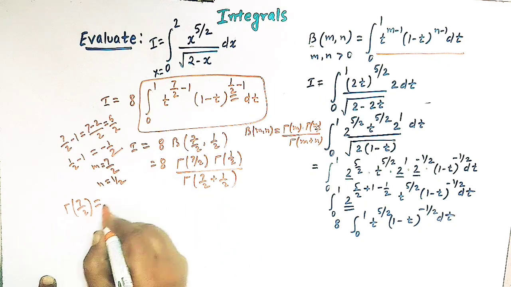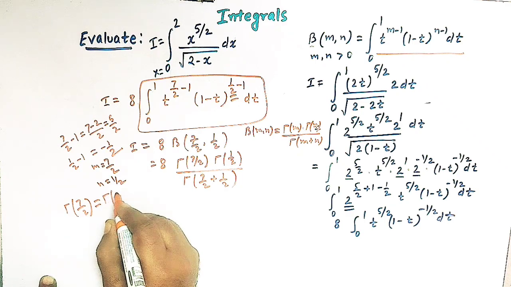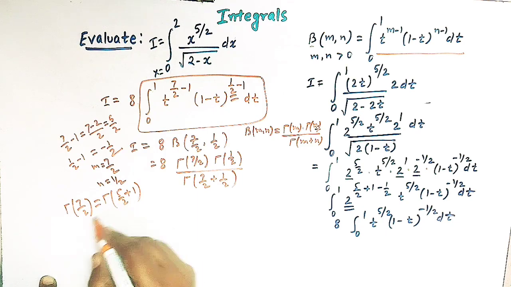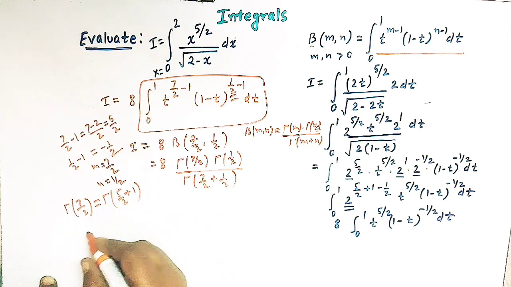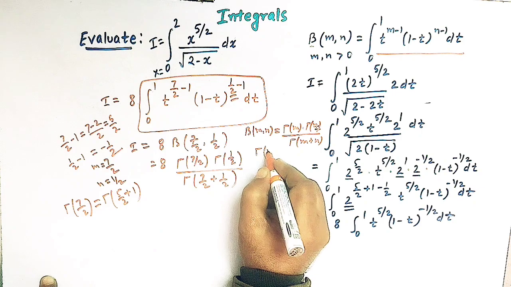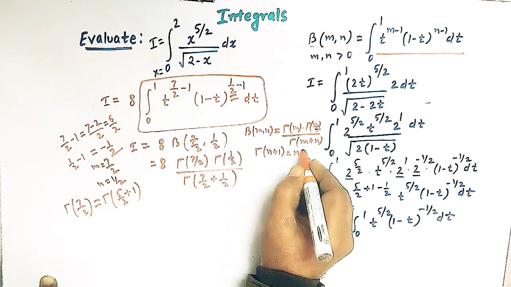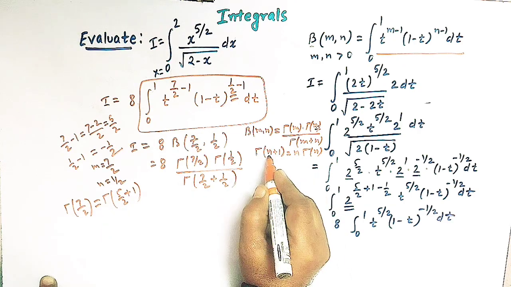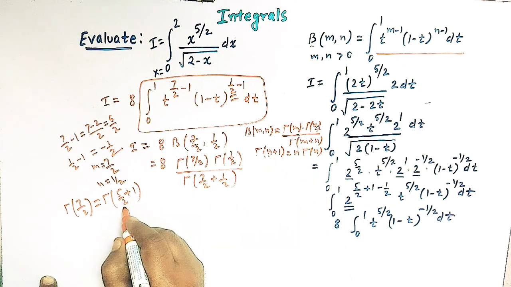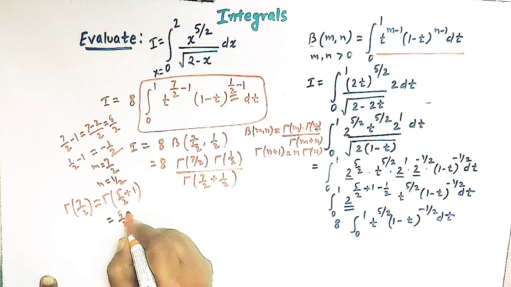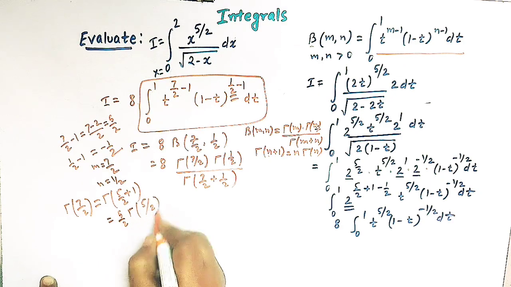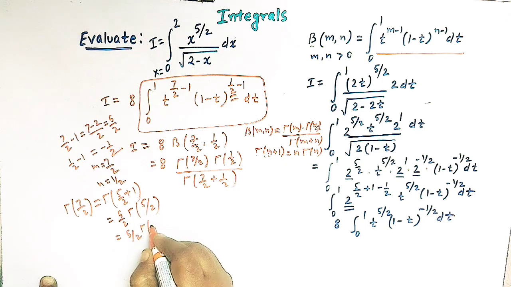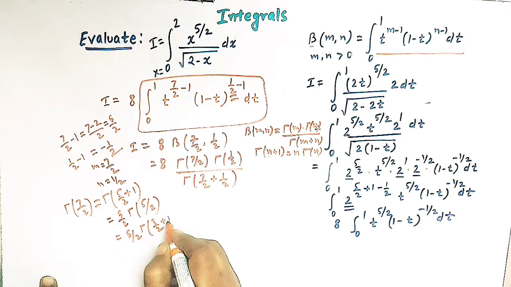Okay, so now let us find out the value of gamma 7 over 2. Now gamma 7 over 2 can be written as gamma of 5 over 2 plus 1, and here we'll again make use of an important result, that is gamma n plus 1 is given by n times gamma n. So here the value of n is 5 over 2, so we can now write 5 over 2 times gamma of 5 over 2, and again we can split 5 over 2 as 3 by 2 plus 1.